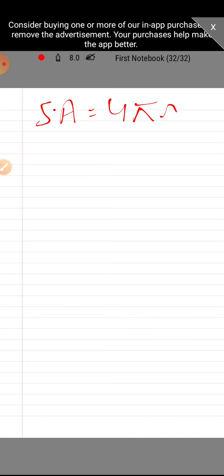So 4 pi is 22 by 7, then 7 by 2, again 7 by 2. 7 will get cancelled. This 2 and 2 again becomes 4, so this 4 will be cancelled. So we have 22 into 7. On calculating we get 154 centimeter square. So this is the surface area for the sphere. SA stands for surface area.